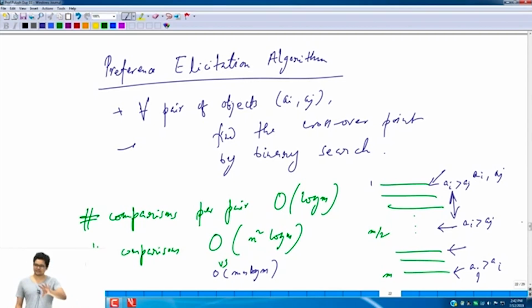And again, all the queries to a voter may be asked at once in the sequential access model. So is the problem clear? Although there exists an order with respect to which the input orderings are single crossing, the people that we are accessing are not in single crossing order.